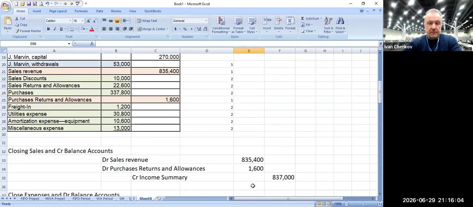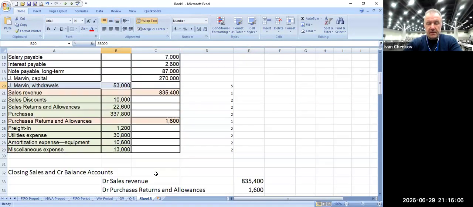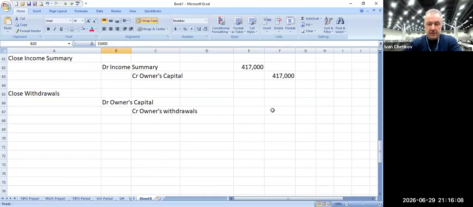And the owner's withdrawals are for $53,000. So let's close at 53 here, and the same amount. We're gonna come right here. And we are done with this.